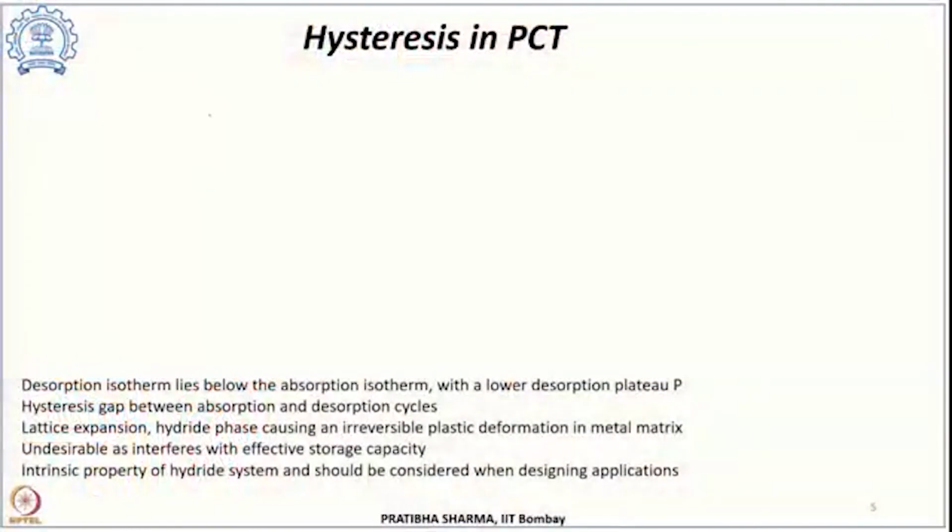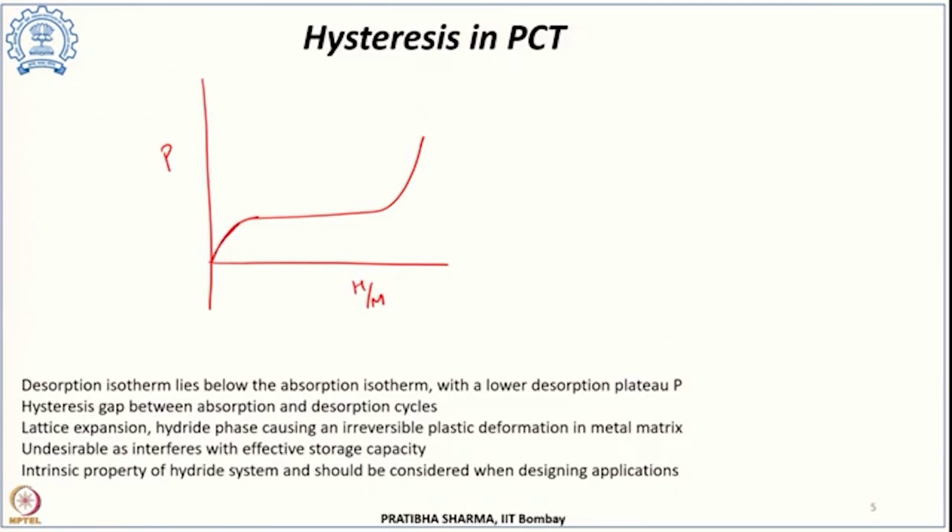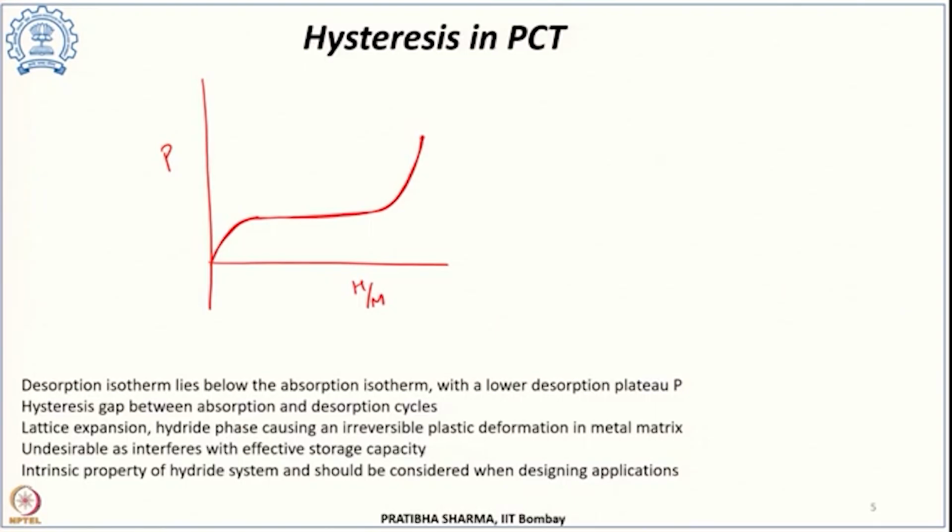Now, another deviation from the ideal case is the presence of hysteresis. In the ideal case, if we plot the pressure with the concentration during the absorption, as we go along the curve and reach the maximum pressure or maximum absorption, and then we want to release hydrogen from the system, we should be able to trace back the same curve.